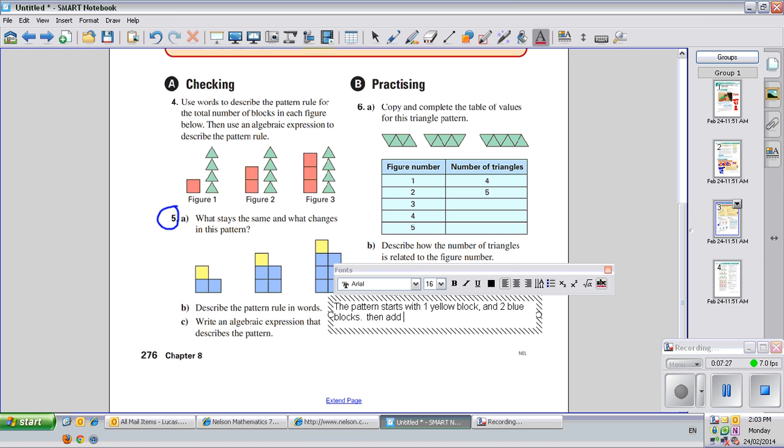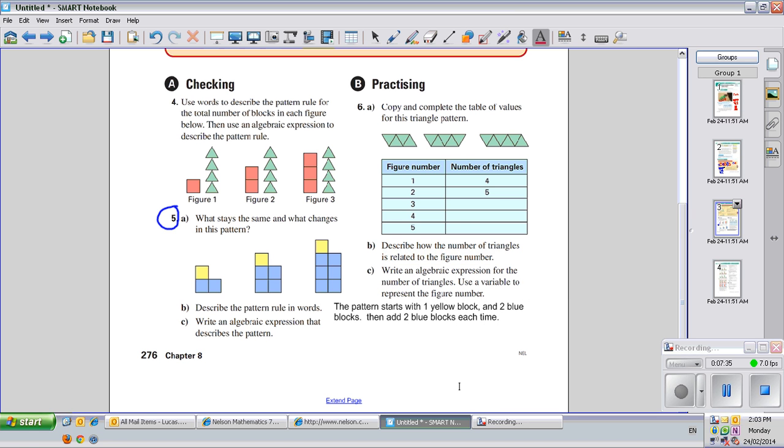Then add 2 blue blocks each time. And we can highlight that. So this would be for part B.